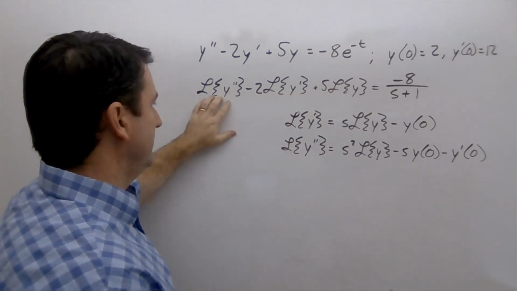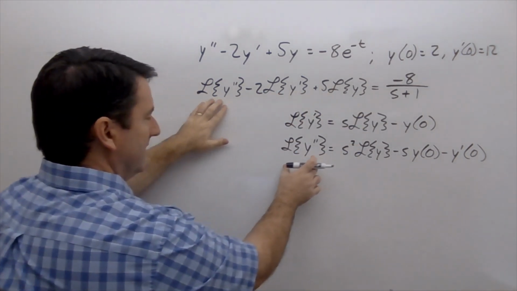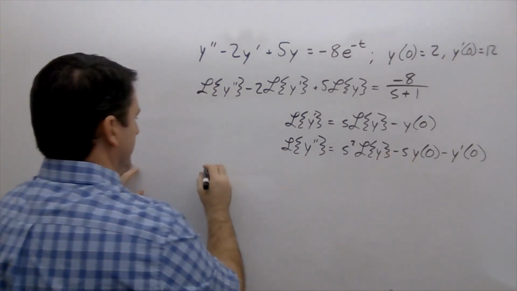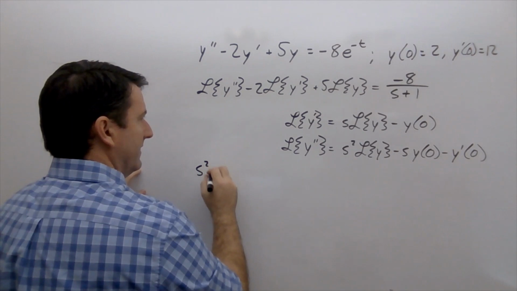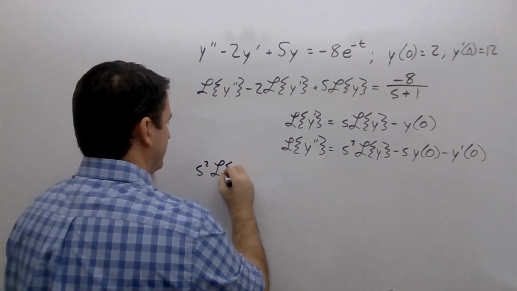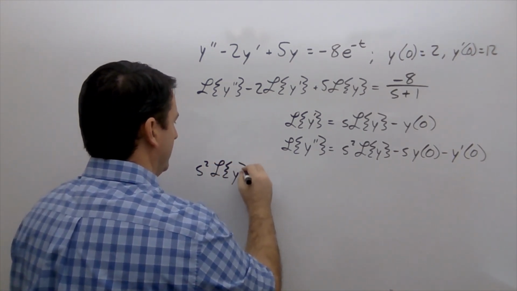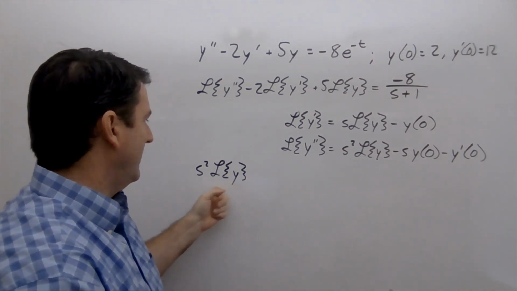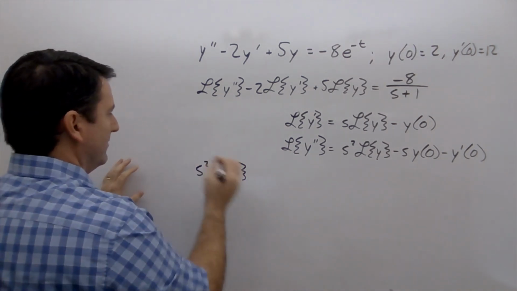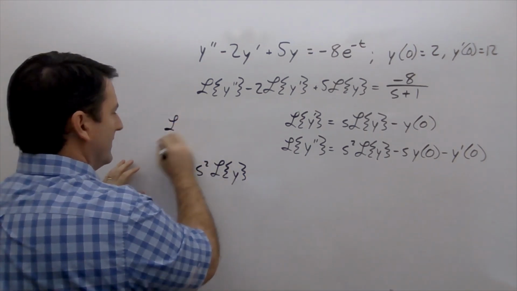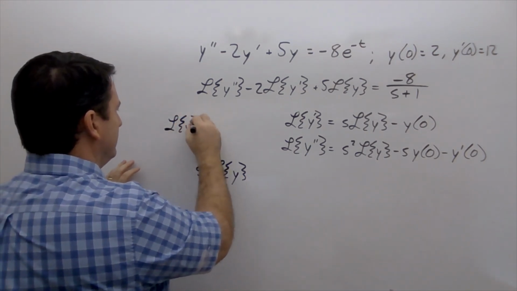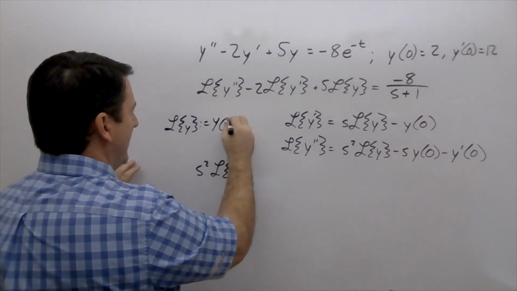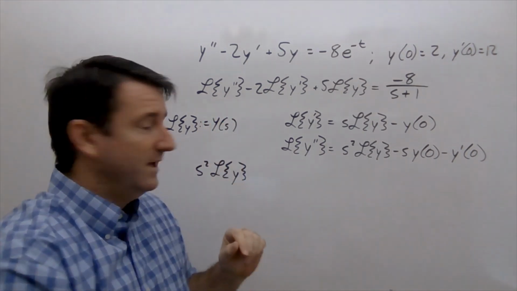So first, the Laplace transform of the second derivative is going to be all of this. So we get s squared times the Laplace transform of y. And by the way, you don't have to keep writing this Laplace transform of y. You could just define that as being equal to y of s, or just y.